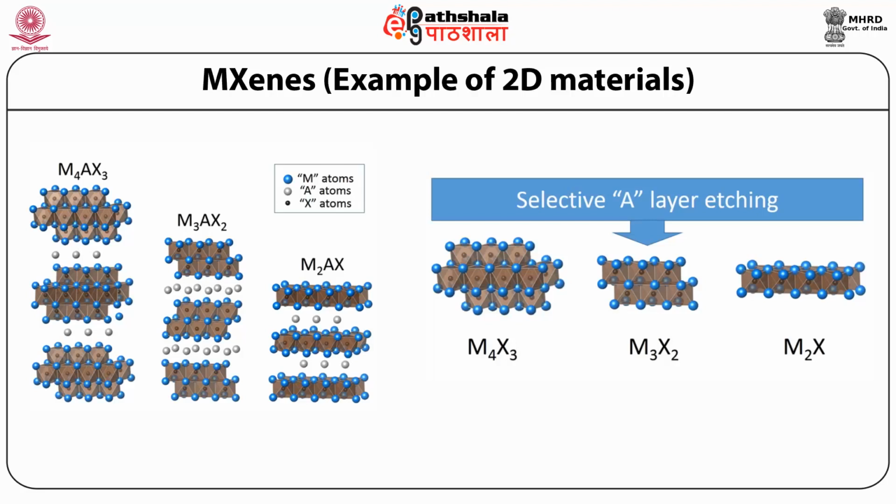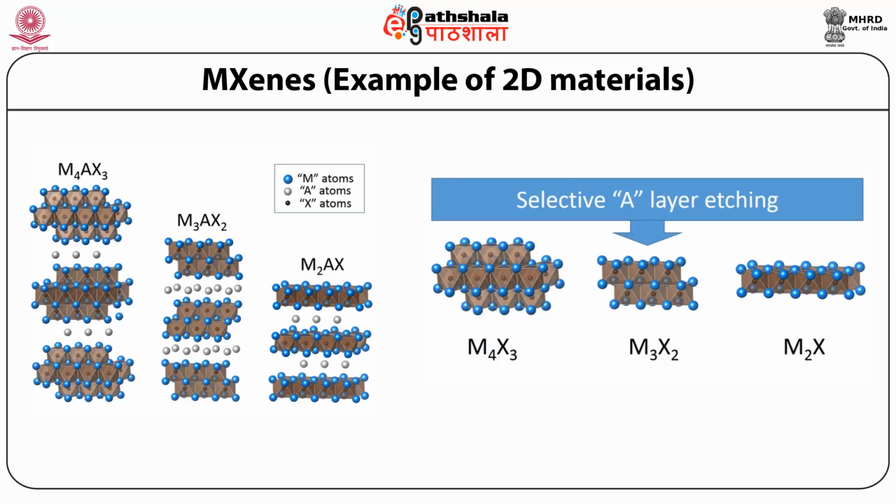They are produced by selectively etching out the A element from the MAX phase, which has the general formula Mn+1AXn, where M is an early transition metal, A is an element from group 13 or 14 of the periodic table, X is carbon and/or nitrogen, and small n is equal to 1, 2 or 3.